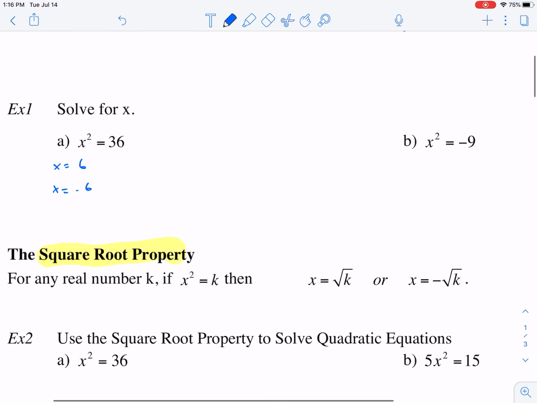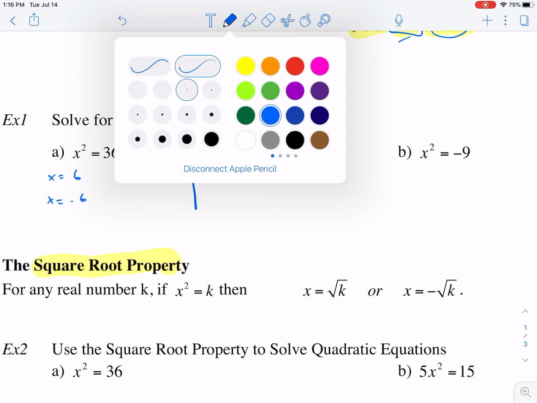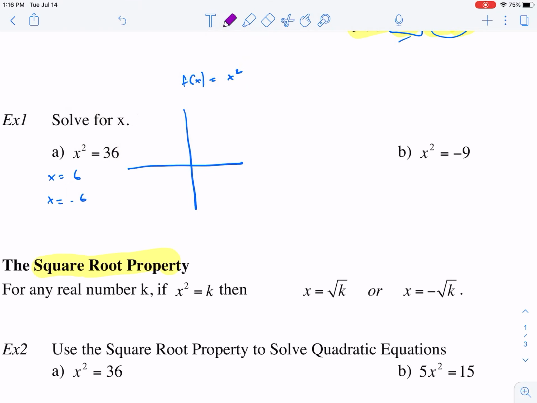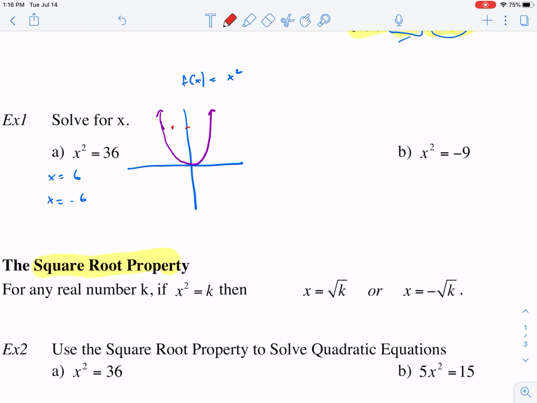If we think of this in terms of the graph, if we define our quadratic function as just x squared, then in terms of geometric interpretation, we're looking at what values of x are such that the y value is 36. What are those two values? The two values are 6 and negative 6. So that's what we just solved for there.